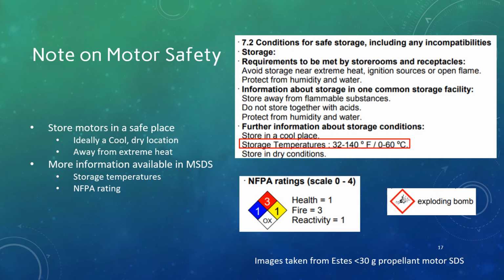And I took a screenshot of the NFPA rating for the motor you'll be using for the kit rocket. And if you haven't seen this symbol before, you're bound to see it a couple times as an engineer or scientist. So I'll just give a brief summary. The blue diamond is the health hazard, the red diamond is the fire hazard, and the yellow diamond is the reactivity hazard. The number associated with each section indicates the risk, with a higher number corresponding to a higher level of danger.